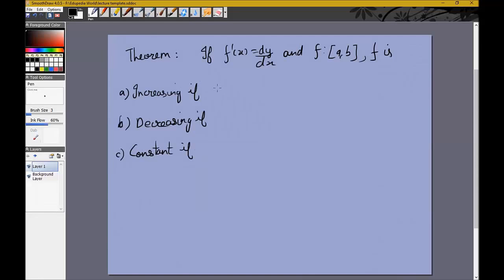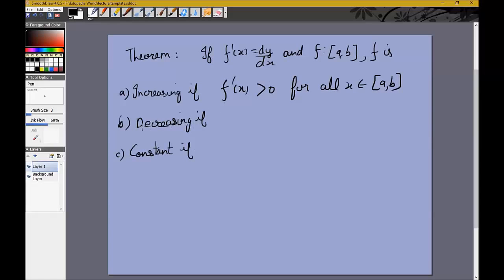It is increasing if f dash of x, the derivative, is greater than 0 for all x between a and b. So if f is defined in a region and the derivative of f is positive in every interval in that region, then the function is increasing in that interval between a comma b, right?